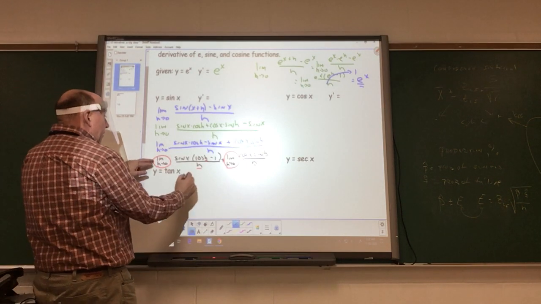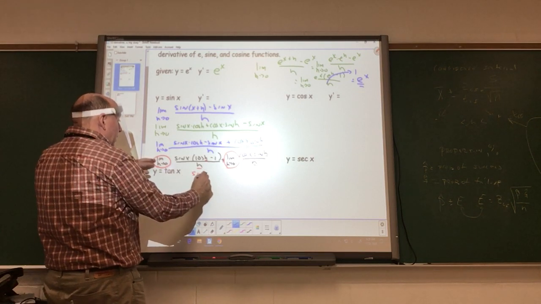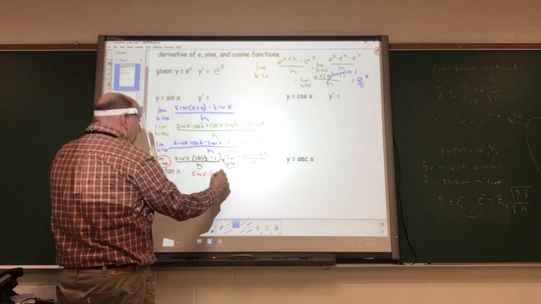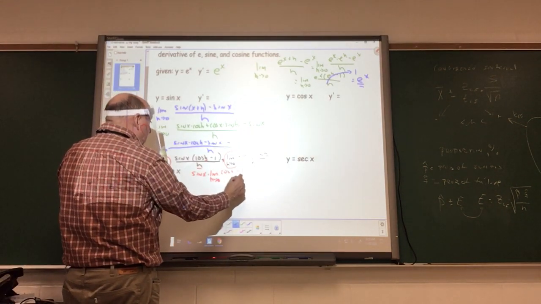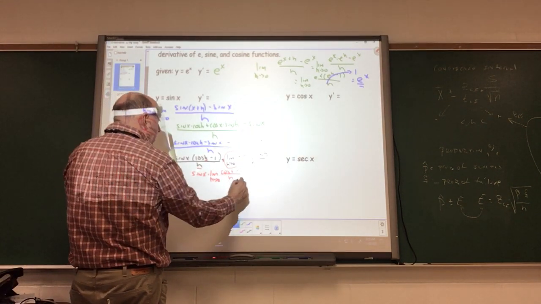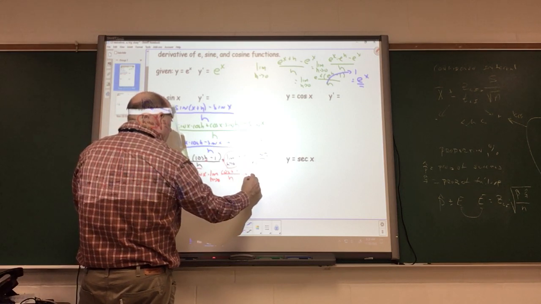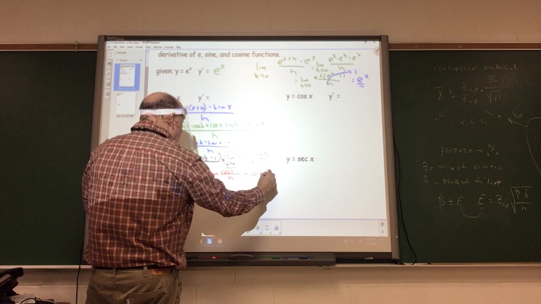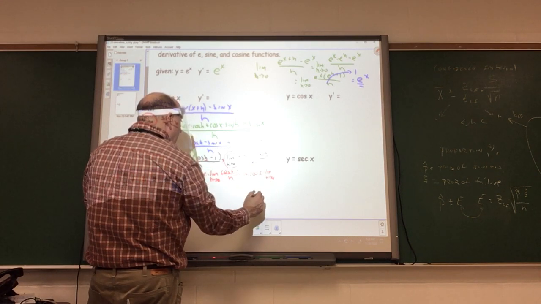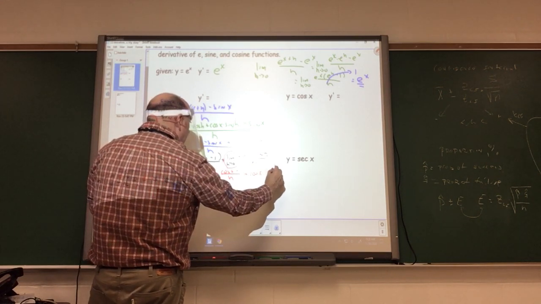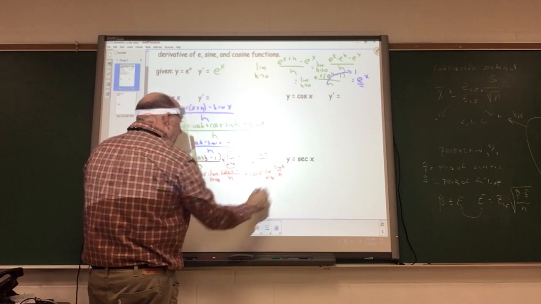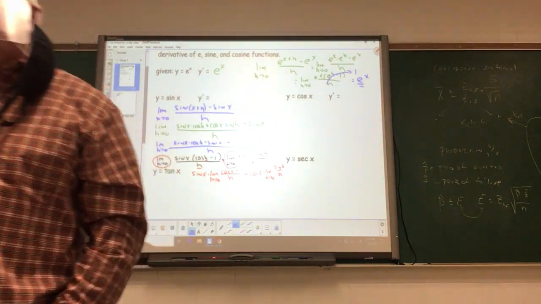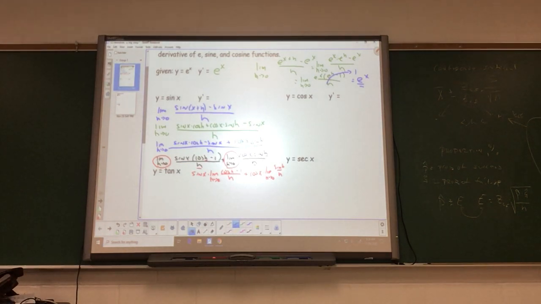So we have the sine of x times the limit as h approaches 0 of cosine of h minus 1 over h plus this cosine of x times the limit as h approaches 0 of sine h over h. I'm now intrigued by that sums and products thing.